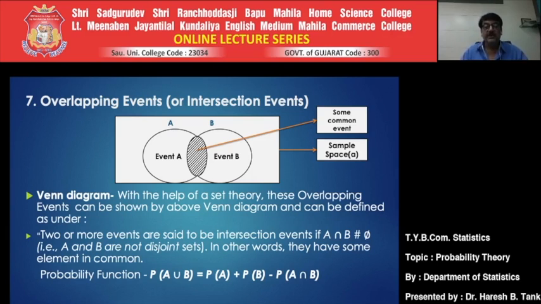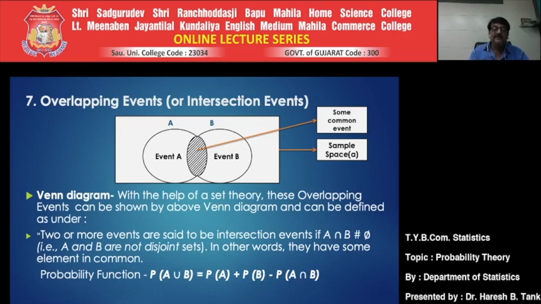Probability of A union B, that means probability of A happens or B happens, is equal to... Last time, when they were mutually exclusive, the individual probabilities were summed up. Now they are not mutually exclusive. Since they are not mutually exclusive, some common area is there, and that common area is to be reflected in the formula.